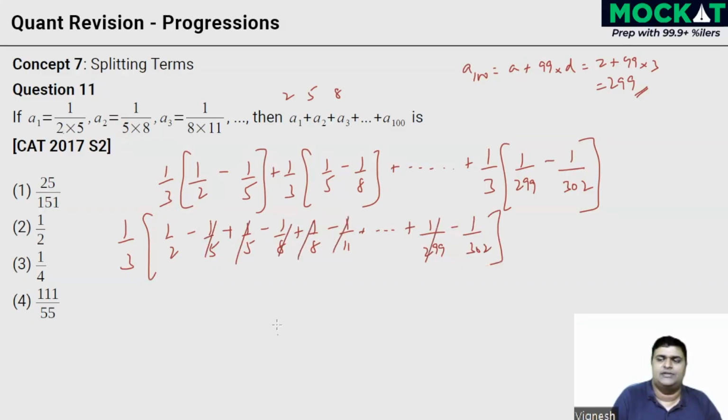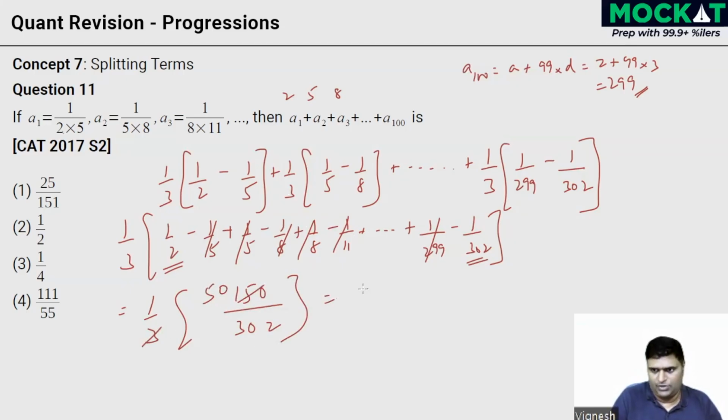We're going to be left with the first term and the last term. So it's going to be 1/3 of half minus 1 by 302. Take the LCM, you get 302. 151 minus 1 is 150. Divide, you get 50. Divide by 2, you're going to get 25 divided by 151. Option 1 becomes the answer here.